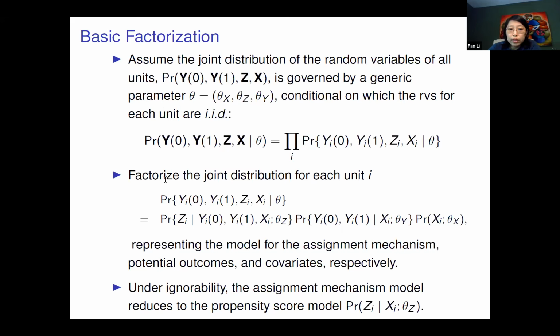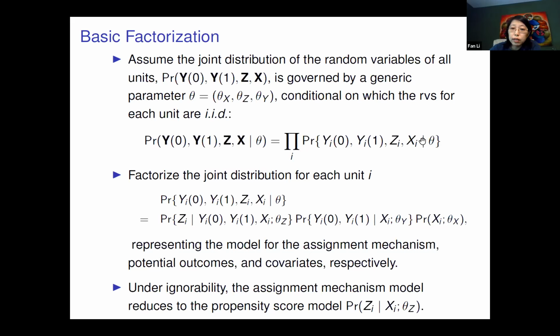We can factorize this joint distribution into components that are easy to deal with. This factorization was first proposed by Rubin in the 1978 paper. This part is the assignment mechanism, that is, Z, how you assign the treatment. Given X, this is the outcome model, Y1, Y0 given X. And the last is X itself.